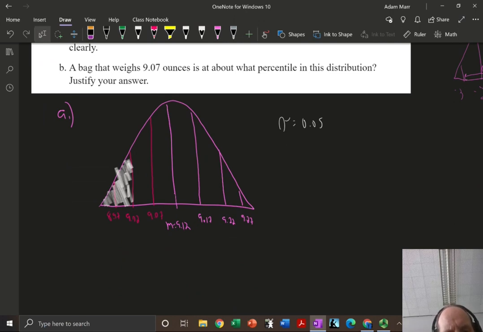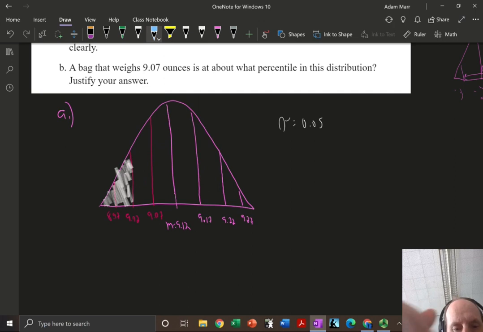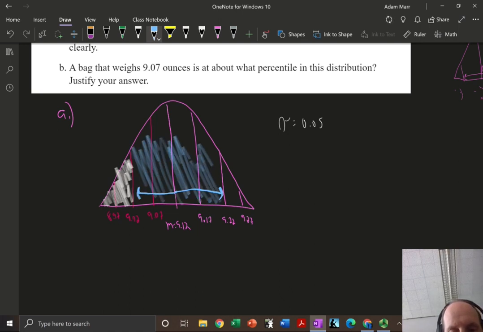Well, what do we know here? Let me use a different color to signify this. We know that 95% of our data is from here to there.